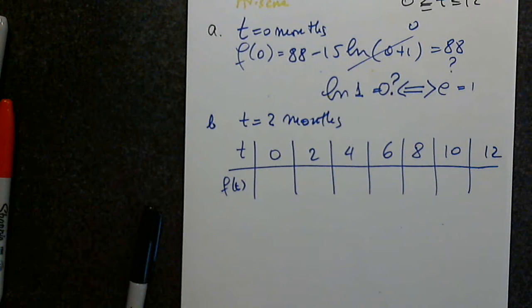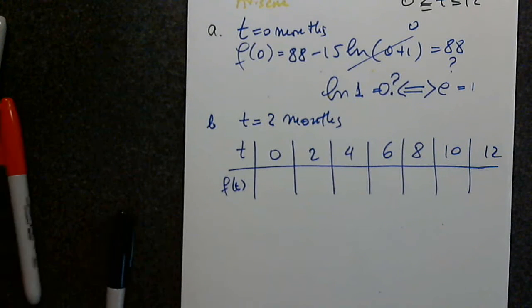So originally, the average score was 88, and then 2 months later, it dropped to 72% roughly. 4 months later, it dropped to 64%, and then 59, and then 55, and then 52, and then 49, roughly 50. So I'm going to put these numbers in the table.